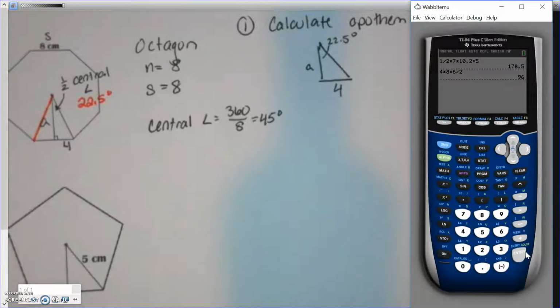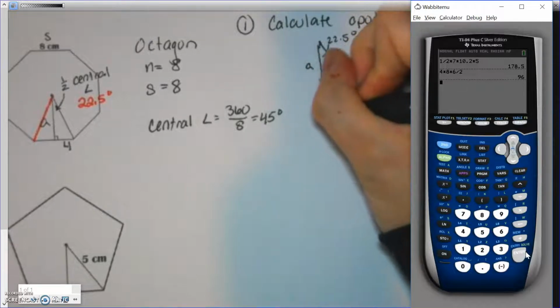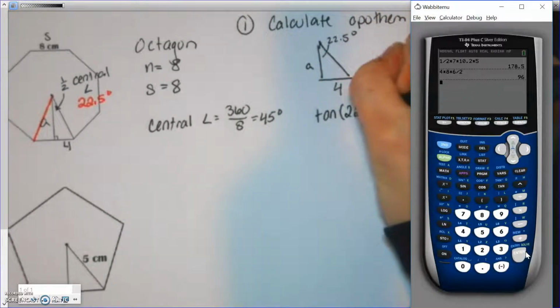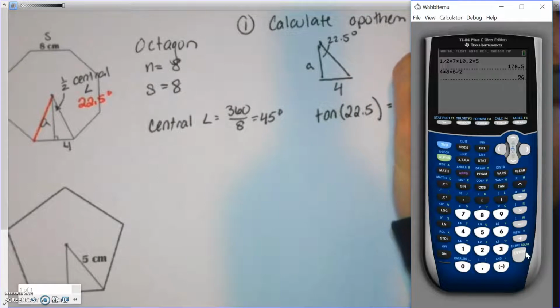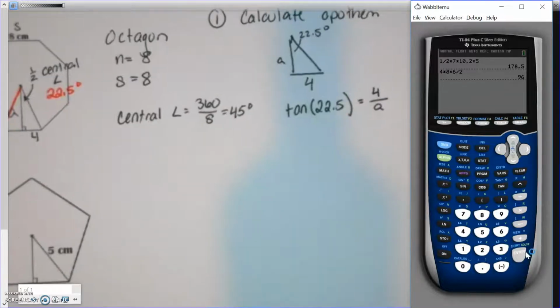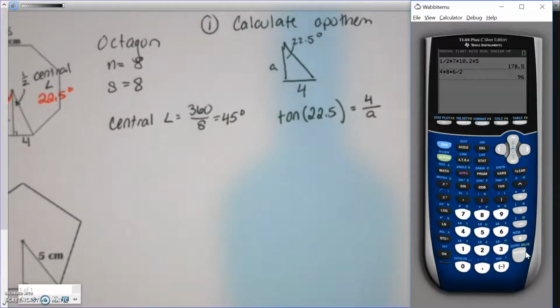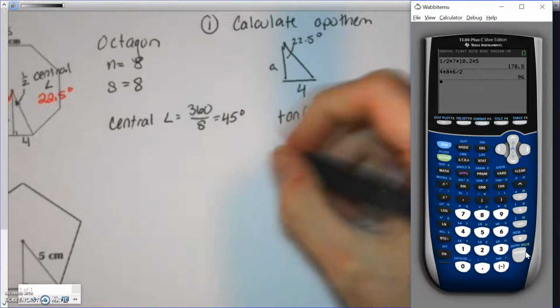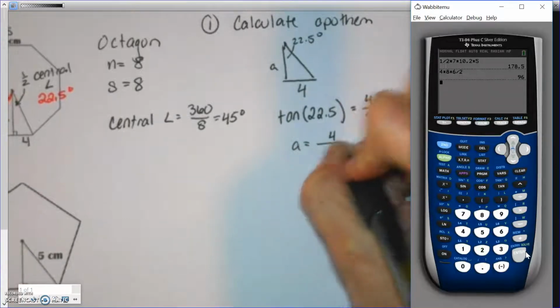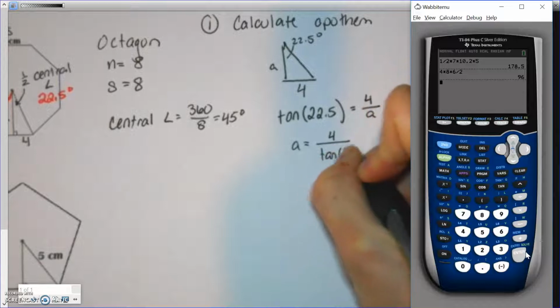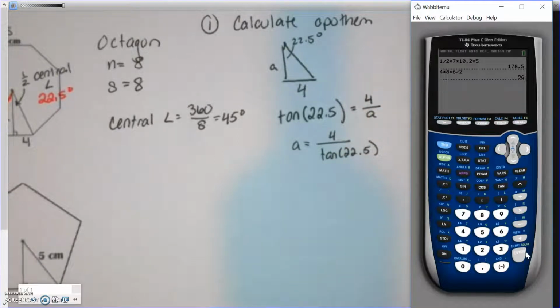This is a trigonometry problem. I can use tangent of 22.5 is going to be 4 divided by A. So I know that A is 4 over tangent of 22.5.